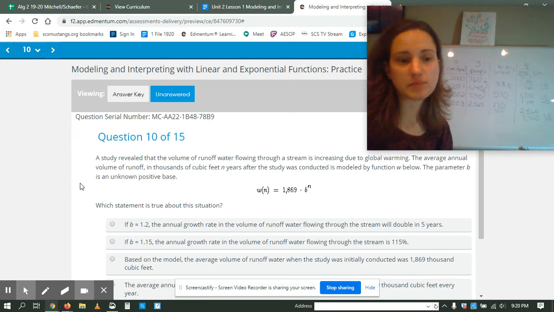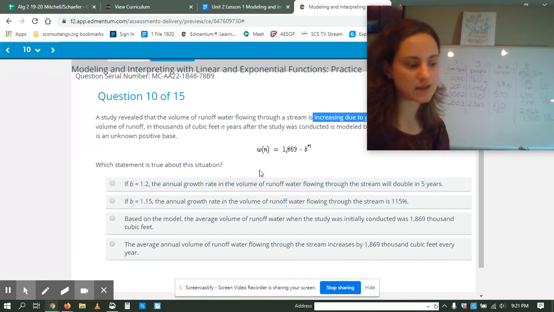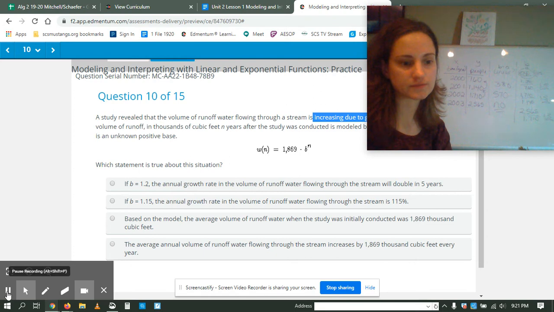The parameter B is an unknown positive base. So they don't know for sure how much it's increasing or decreasing. They know it's increasing. They just don't know how much by. So then which statement is going to be true about our situation?